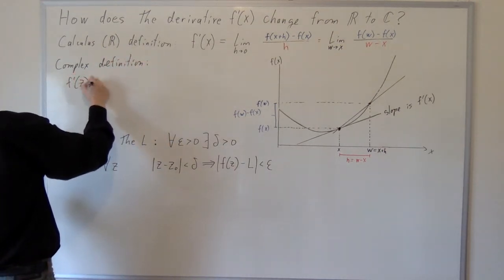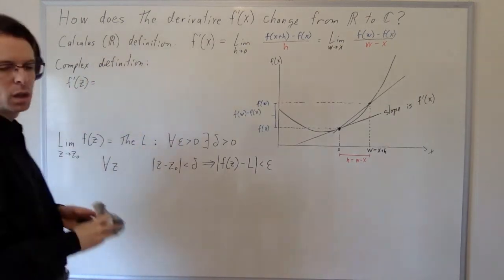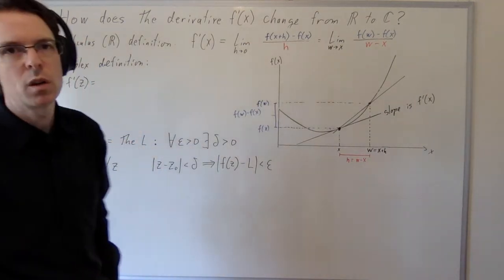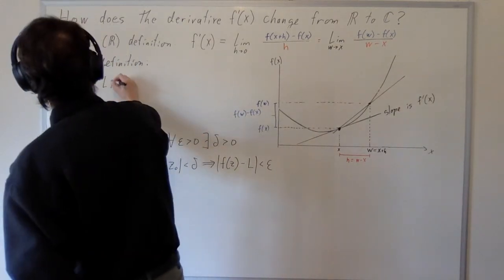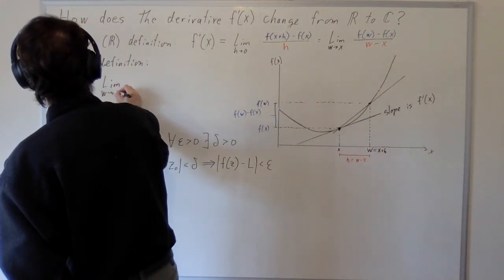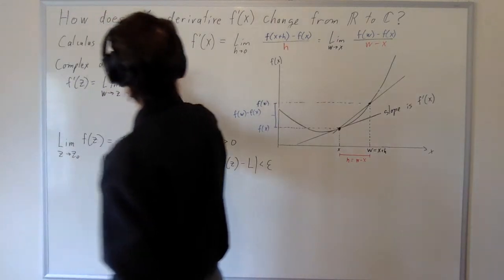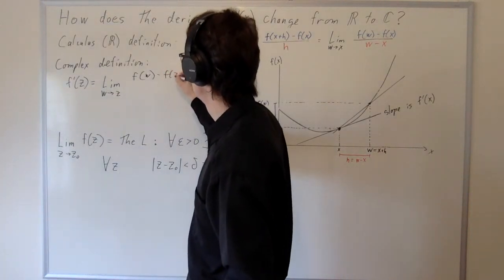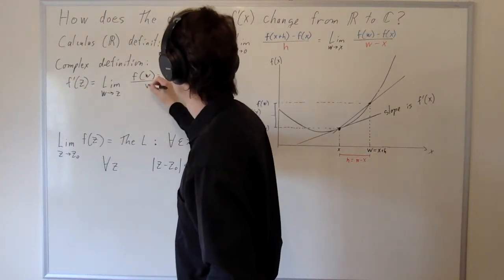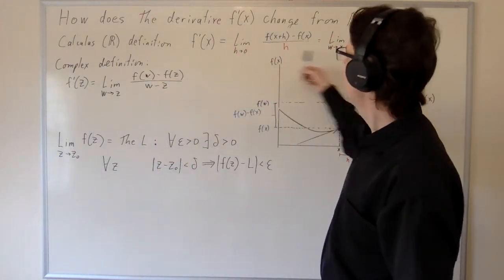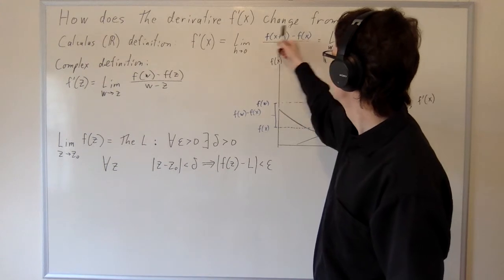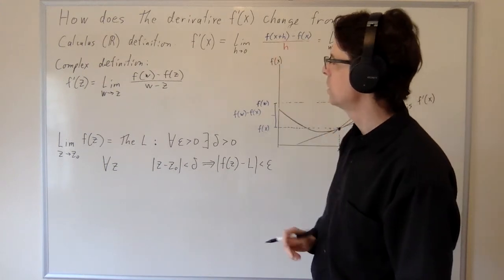So the only change is that since we usually use variable z to represent an arbitrary complex number, we write f prime of z. So f prime of z is going to be the limit as w approaches z of f of w minus f of z over w minus z. Now, this is exactly the same thing as this, and you could write this form as well. It doesn't make any difference.